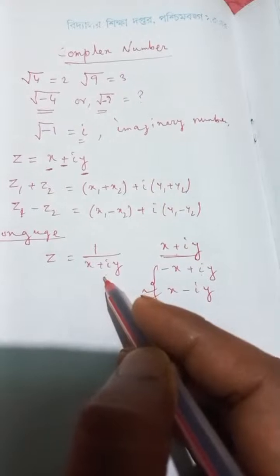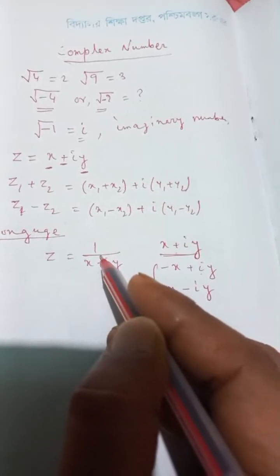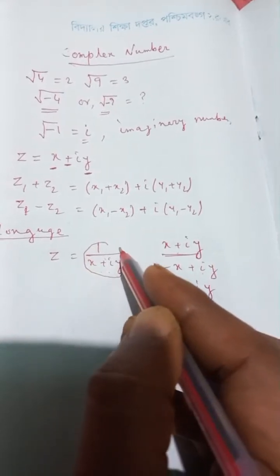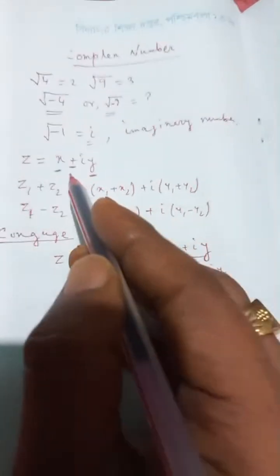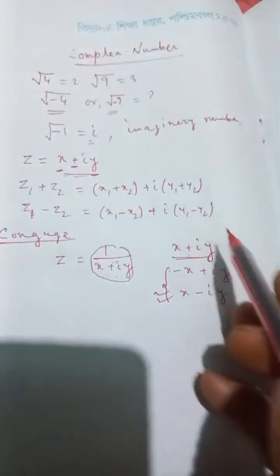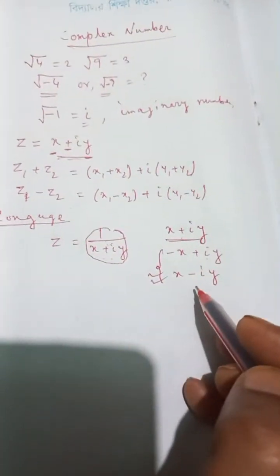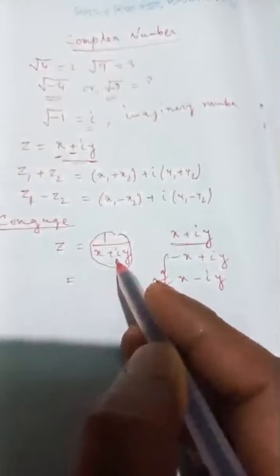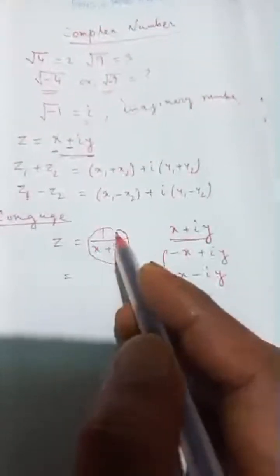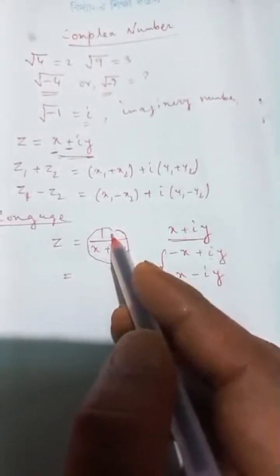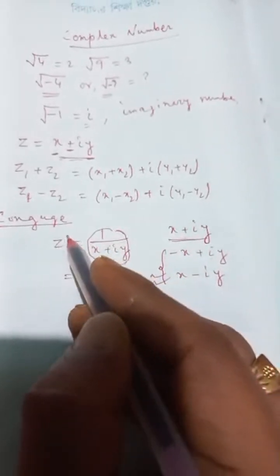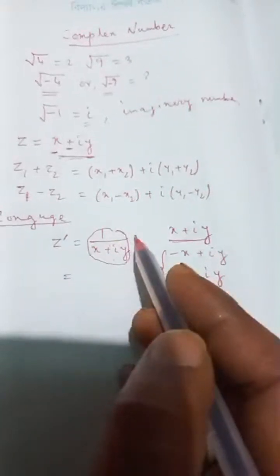If we wish to represent this kind of complex number, 1 by x plus iota y, in the general form of a complex number, then we have to use conjugates so that the denominator becomes a real number and the numerator is a complex number.